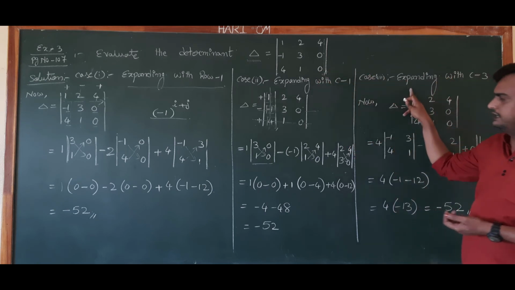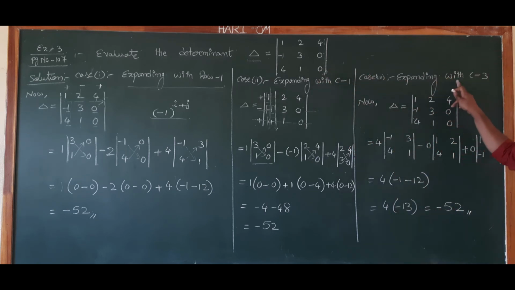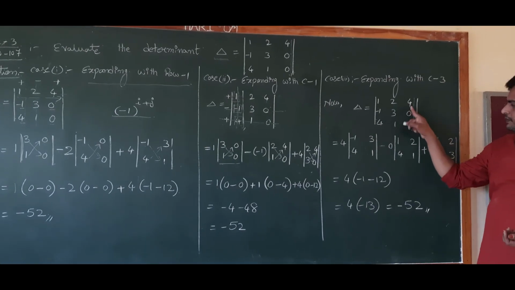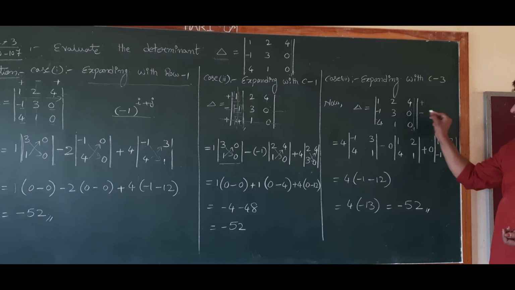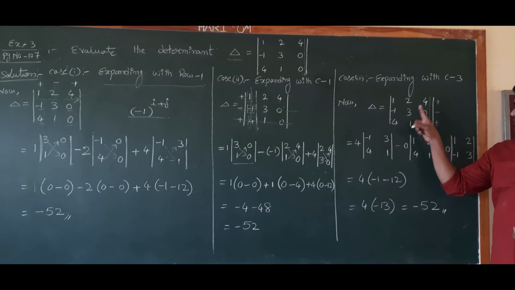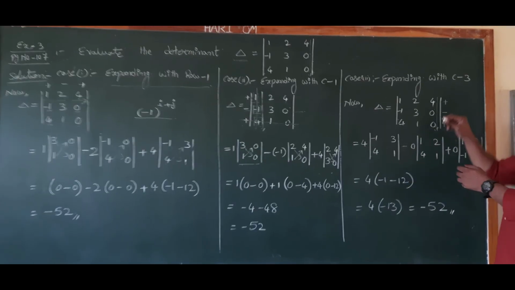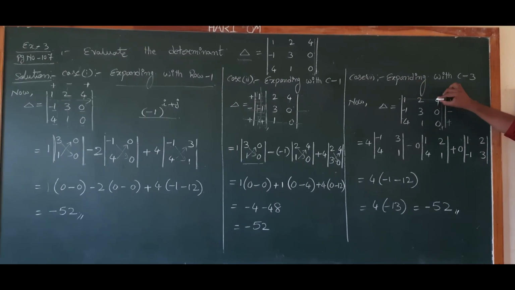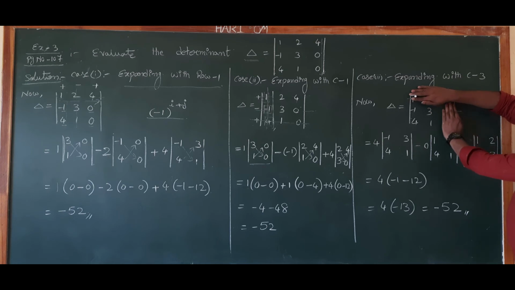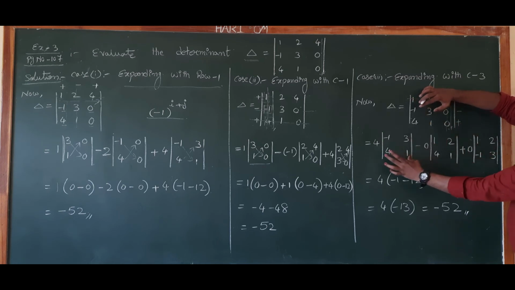Case 3: expanding with column 3. When we are choosing column 3, here 4 is positive, 0 is negative, again 0 is positive. Now directly 4 into: leaving the first row and the third column, we have only these elements. Leaving the first row and the third column, we have the elements minus 1 3 4 1, that we are writing.